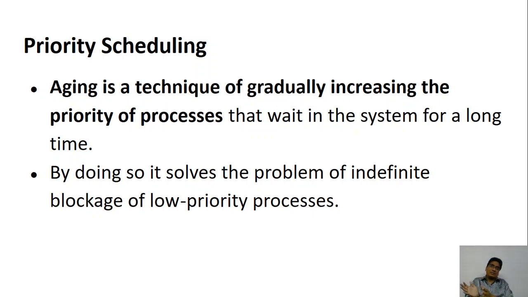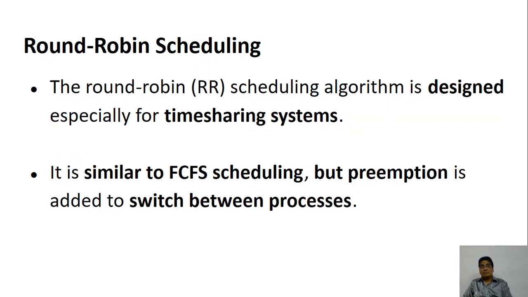As time passes by, your priority slowly increases. This idea is called aging priority. By aging priority, we can get rid of that starvation problem.